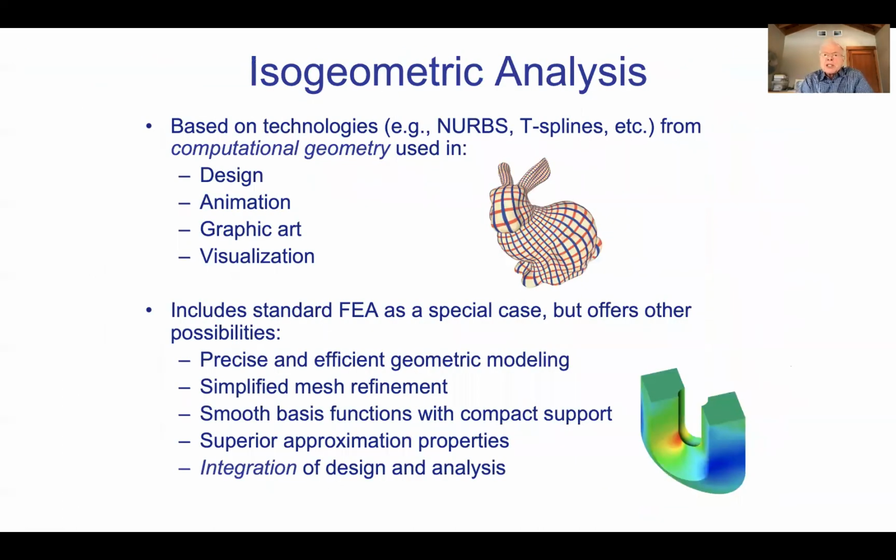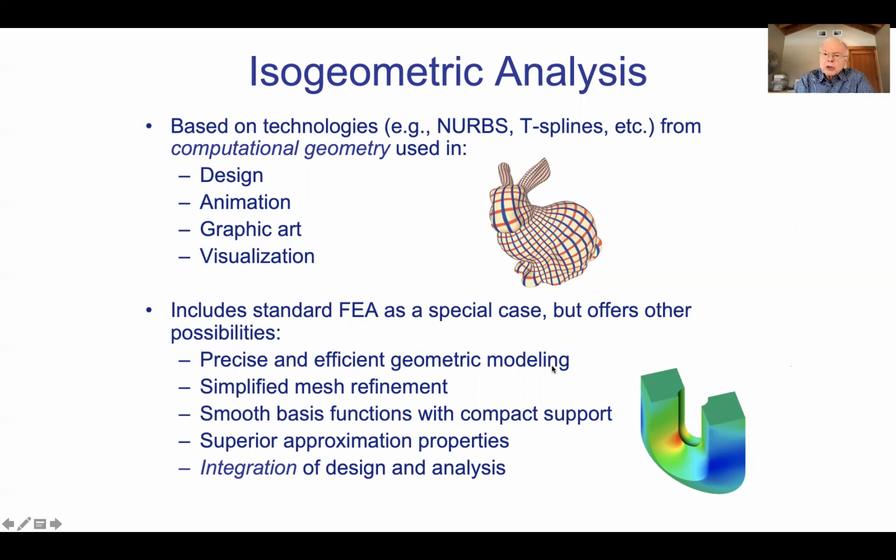And what is it? It's based on computational geometry technologies used in design, animation, graphic art, and visualization. And these technologies are extremely rich. They are much richer than the polynomial basis of finite element analysis, at least as it existed up to the invention of isogeometric analysis. So it includes finite element analysis, but includes these other possibilities as well that become essential to the benefit of isogeometric analysis.